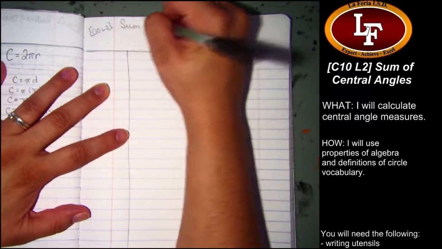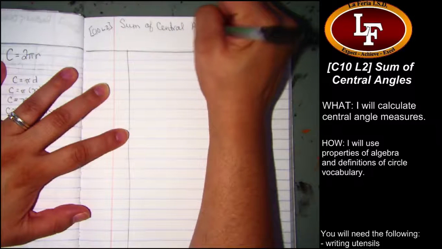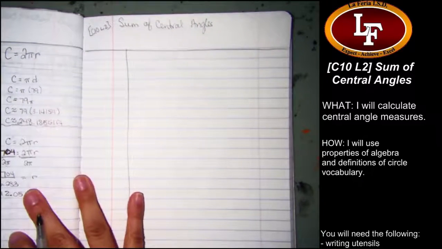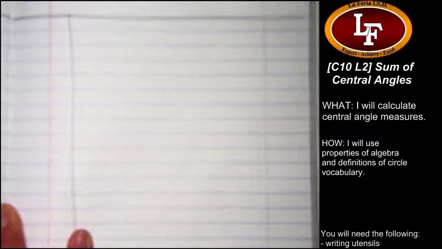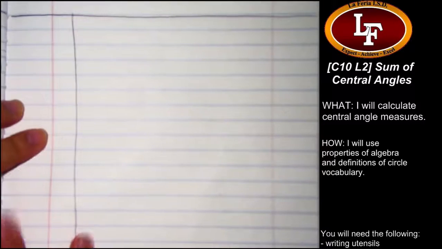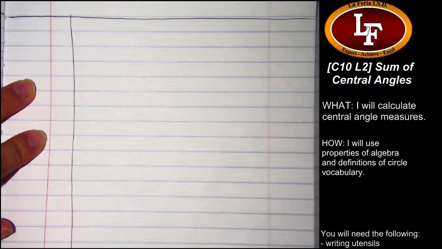All about the sum of central angles. Remembering that the sum of central angles had that definition where it was basically all the measures of the central angles, you add them together and you get 360.